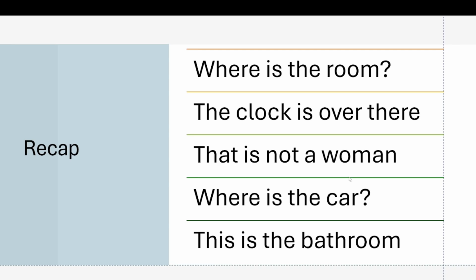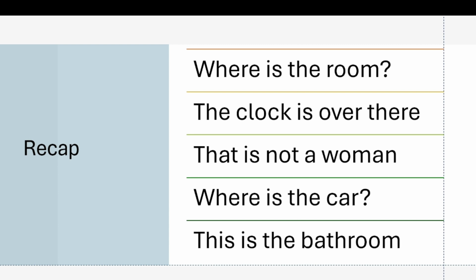That is not a woman. Uh-oh. Это не женщина. That's not a woman. Это не женщина. Okay. Where is the car? Где машина?